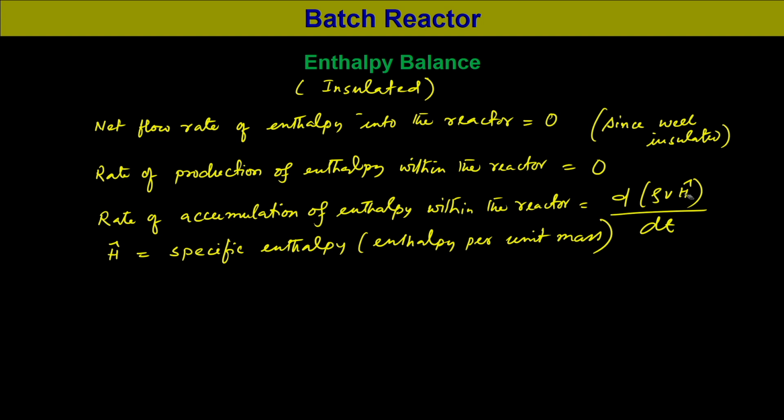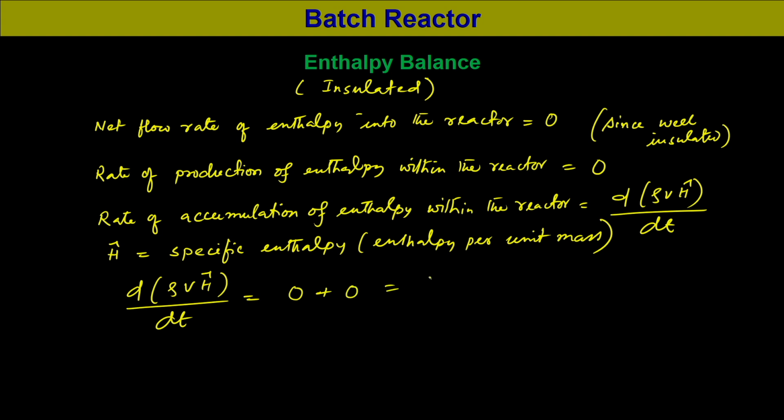Now if we write the balance equation, d(rho V h cap)/dt would be equal to the net rate of enthalpy into the reactor, which is 0, and this is also 0.